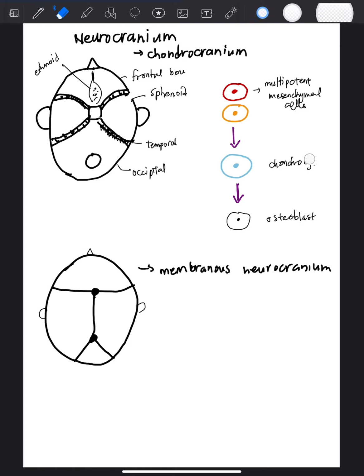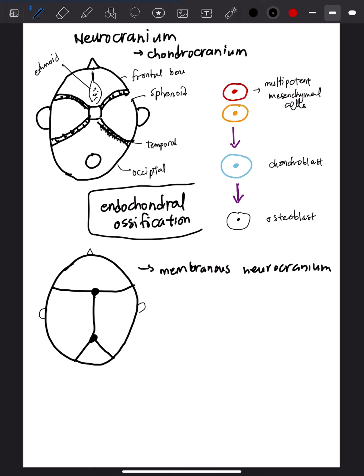So in the beginning, the chondroblast is going to mature, and it will become the osteoblast. So it will differentiate twice. Not many bones in the body go through this kind of development, and this has a special name. This is called endochondral ossification.